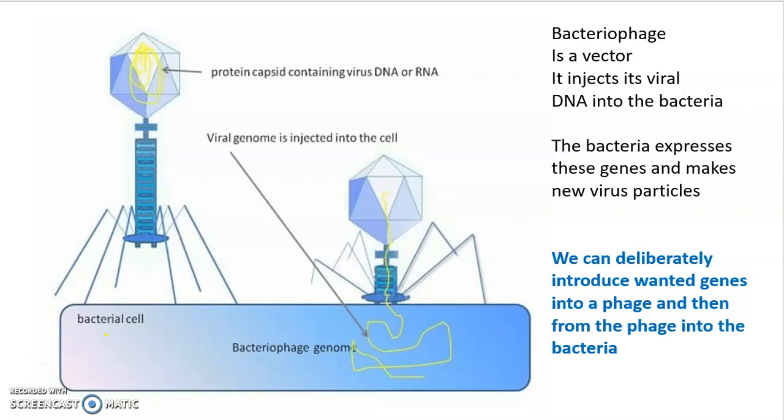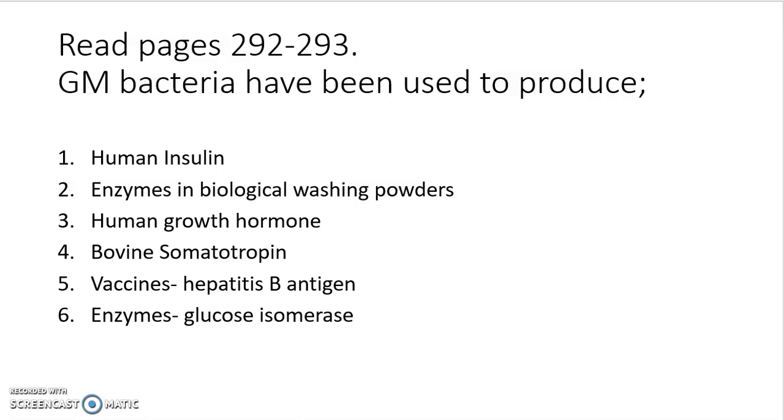Now, genetically modified bacteria are used industrially to produce all sorts of products, and there are 6 examples which are screened up here. What I'd like you to do is to pause the video in a moment and take a look at this section of the textbook and make some notes on each one of these. As you go through, just signpost your way back to what we already know about particular things.